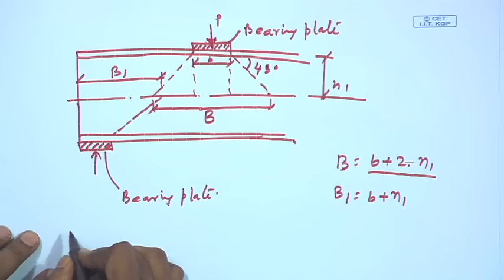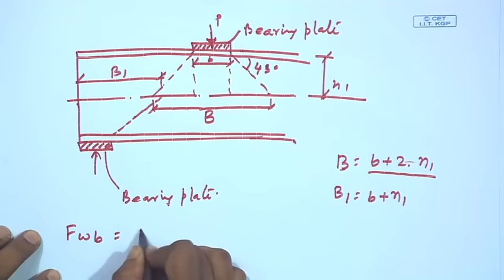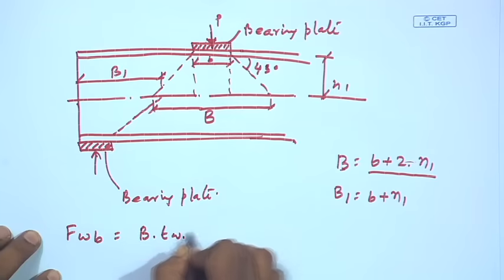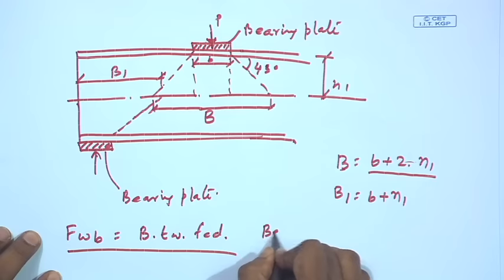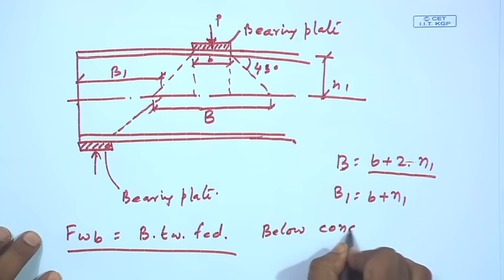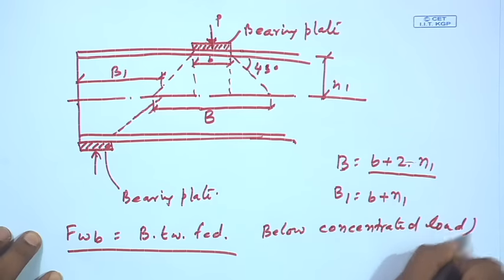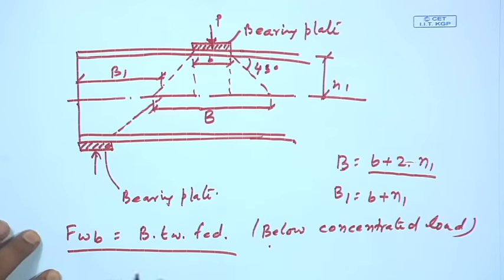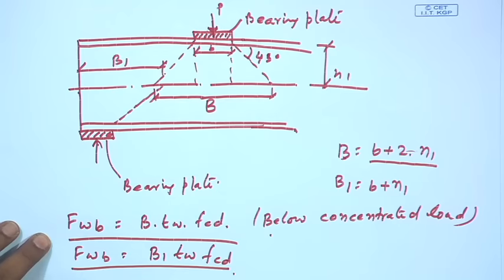So, the buckling strength below the concentrated load, Fwb, I can calculate as B into tw into fcd. Buckling strength can be calculated as this, below the concentrated load. Right, and at support buckling strength will be B1 into tw into fcd, right.